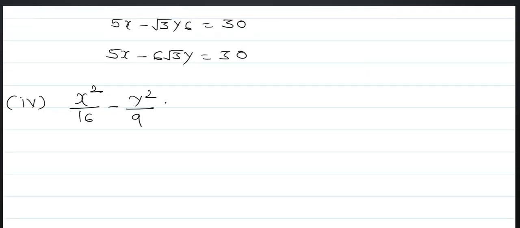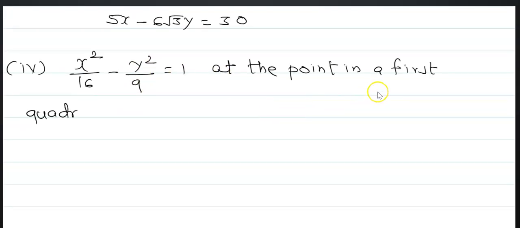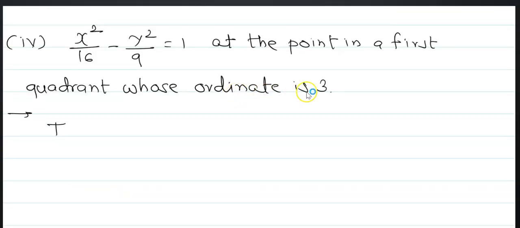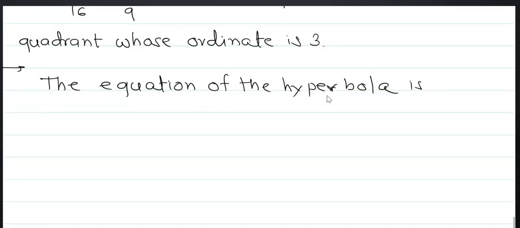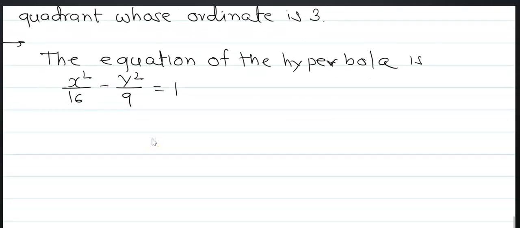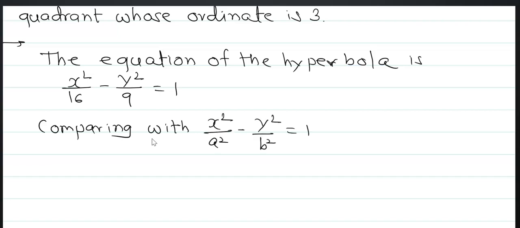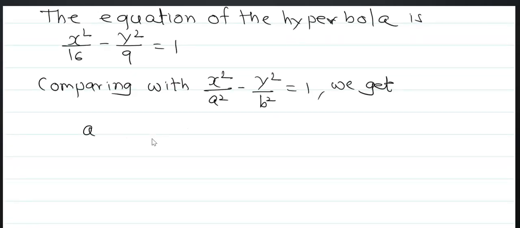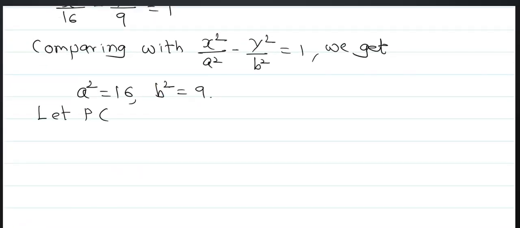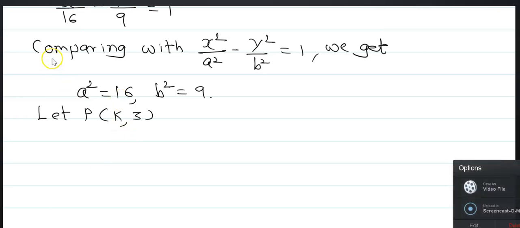Now next is the fourth one. x square upon 16 minus y square upon 9 is equal to 1 at the point in the first quadrant whose ordinate is 3. Ordinate means what? Abscissa means x coordinate and ordinate means y coordinate. Comparing with x square upon a square minus y square upon b square is equal to 1, we get a square is 16, b square is equal to 9.